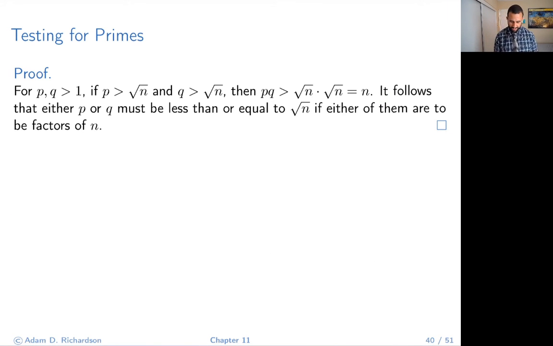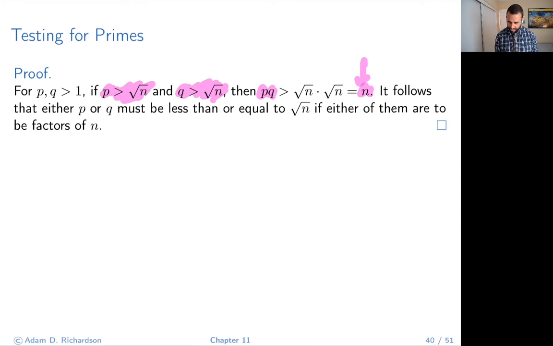If you've got numbers p and q that are bigger than 1, if p is larger than the square root of n and q is larger than the square root of n, then their product is larger than n itself. So if p is bigger than the square root of n and q is bigger than the square root of n, their product is going to be bigger than the number you're considering.